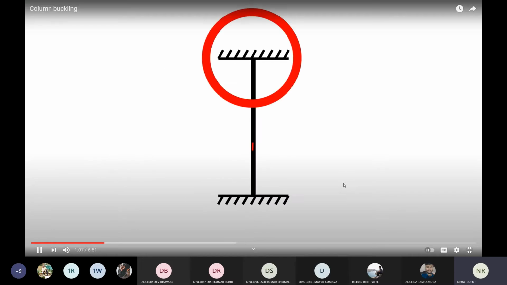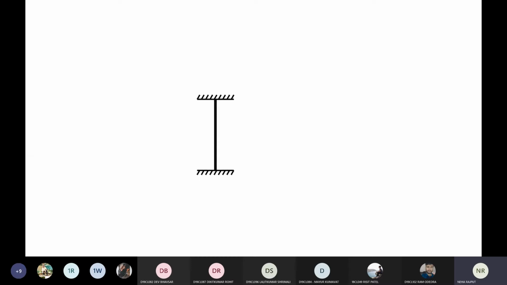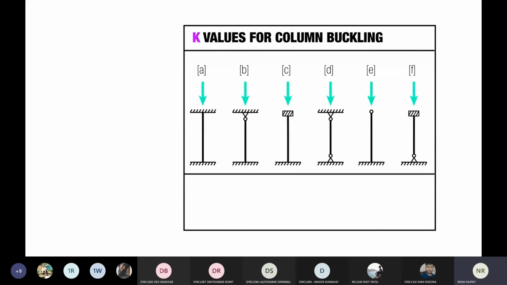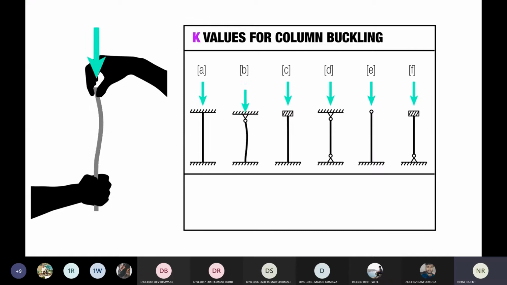But the type of connection at the top and the bottom is going to govern its likelihood of buckling. Now we're looking at a table, and here you have just different flavors of column. In A, you have fixed at the top and bottom. In B, you have a pin connection at the top and fixed at the bottom.